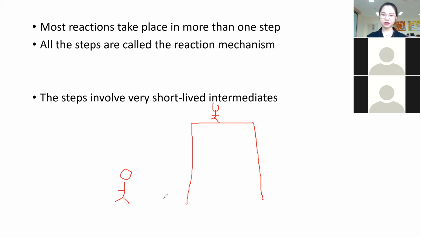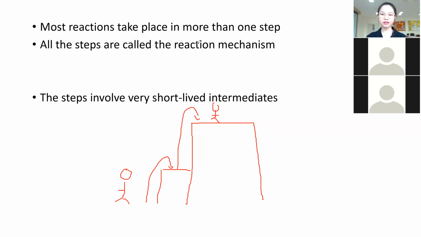Of course, I can just jump really high or I can climb the wall, but it's easier if somebody put a step here for me so that I can go on the step first. And then after I go on the step, I can go on the higher thing. So the intermediate stages are a bit like these smaller steps for the reaction to step on before they get onto the higher or the last stage.